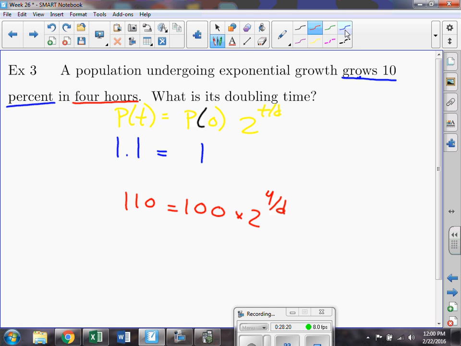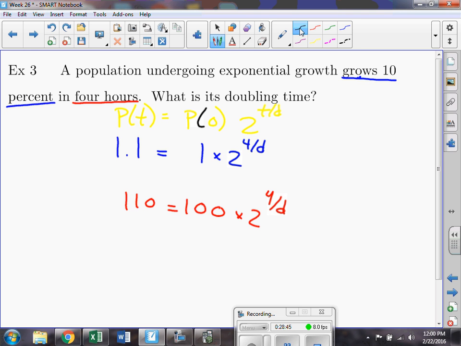I'm pointing out that both of these things that we're doing, both the red and the blue, are valid ways to set it up. In the blue, I recognize that I started with 100% for the original amount, P of 0. And then when 100% grows, that becomes the decimal 1.1.